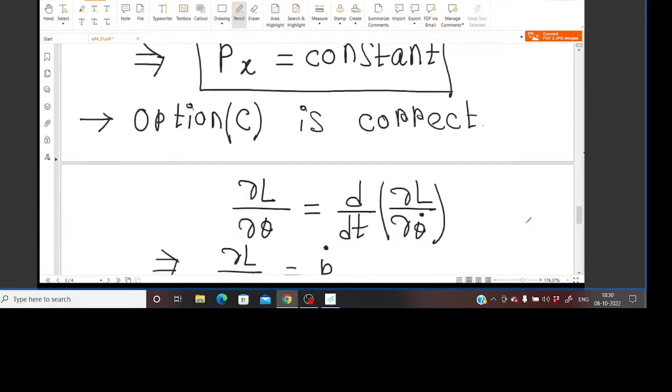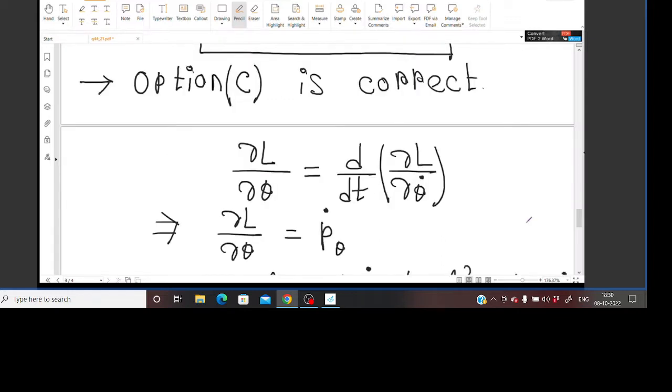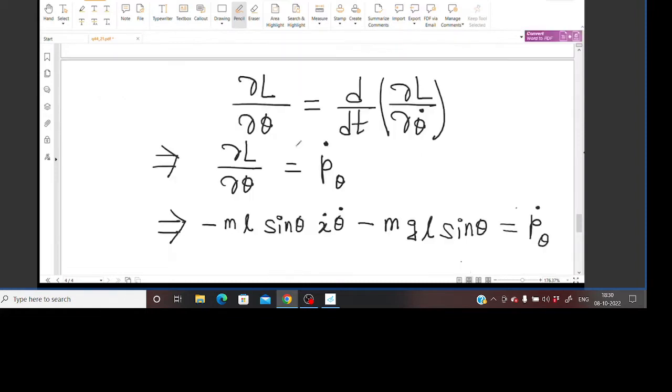Now let's also calculate the equation of motion corresponding to the coordinate theta, which is given by del L del theta equal to d dt of del L del theta dot. Here del L del theta dot is equal to p theta. So the equation of motion turns out to be p theta dot equal to del L del theta.